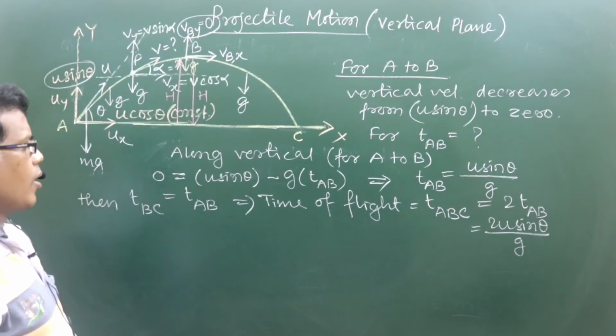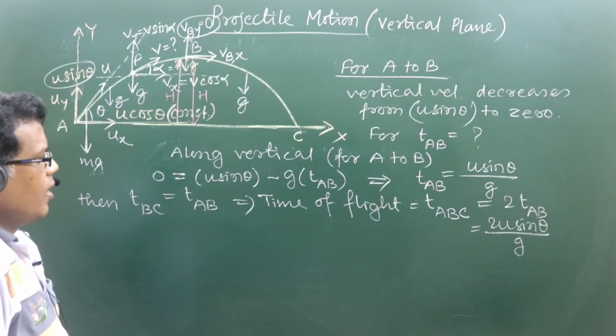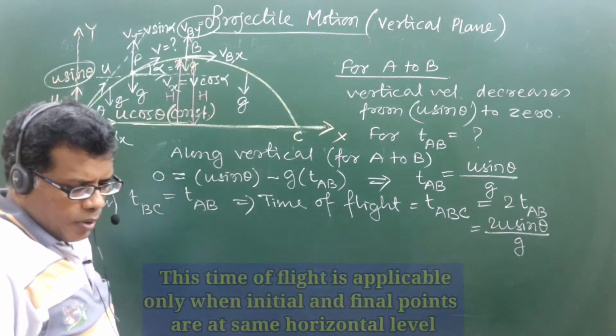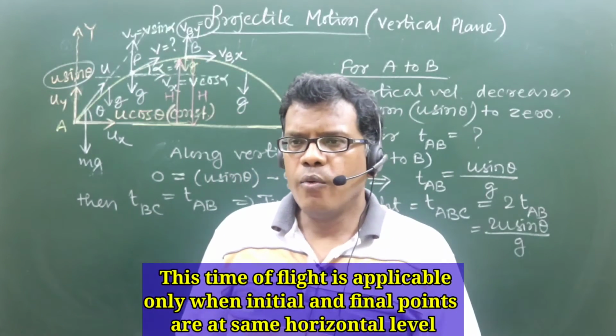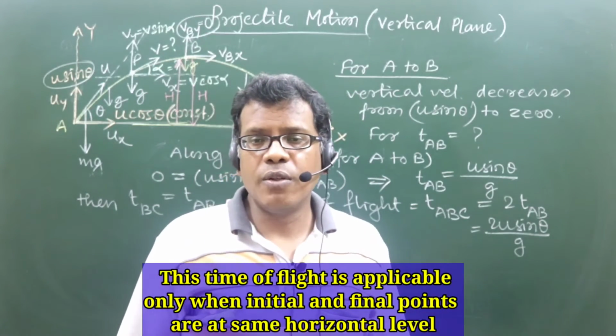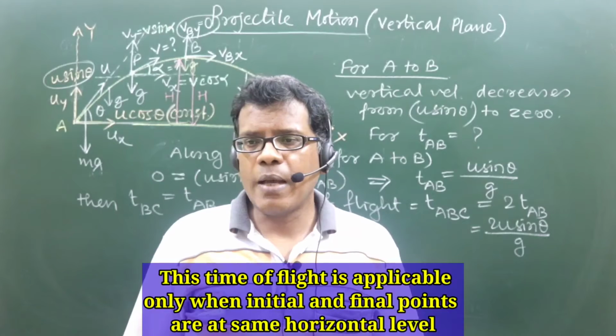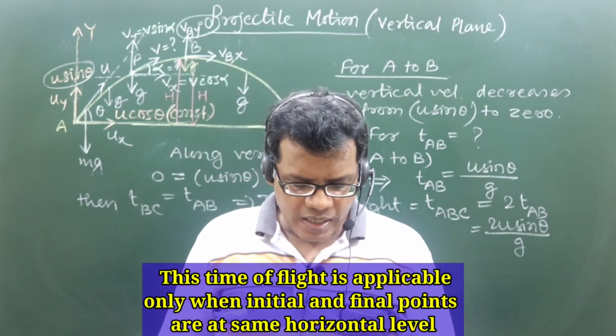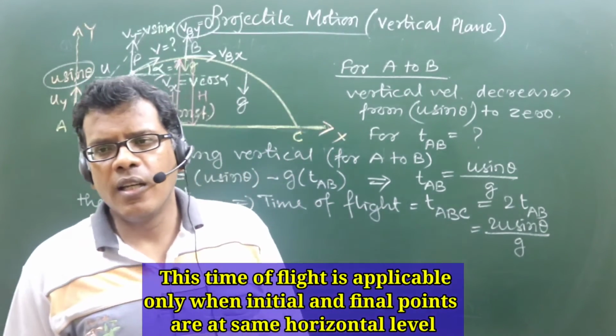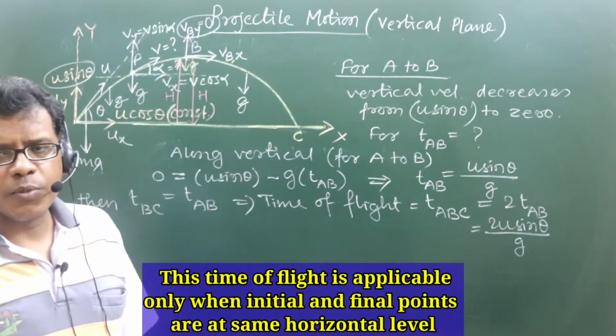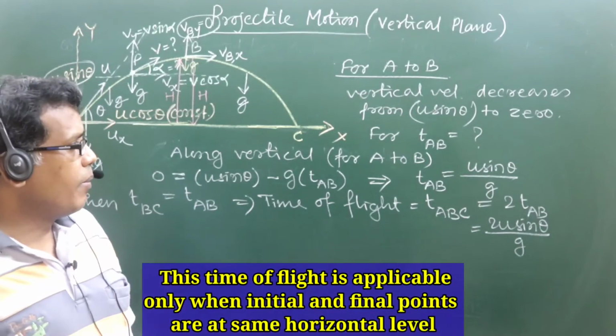horizontal. But always be careful, this formula should only be used in such projectile where the projectile is discussed up to the last point, which is appearing on the same horizontal line, the line from where it was projected. Are you getting me?